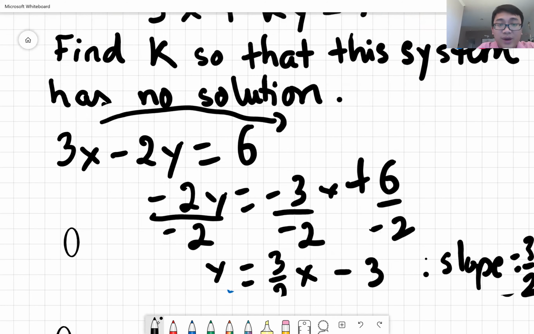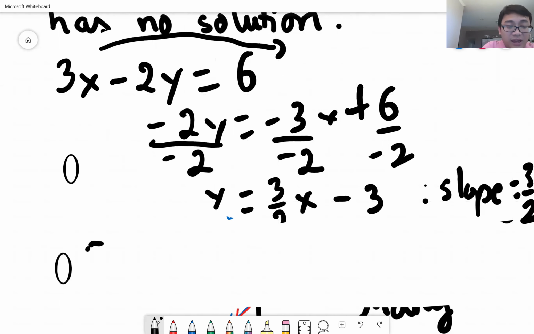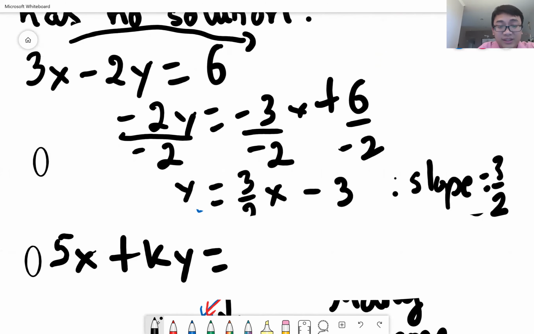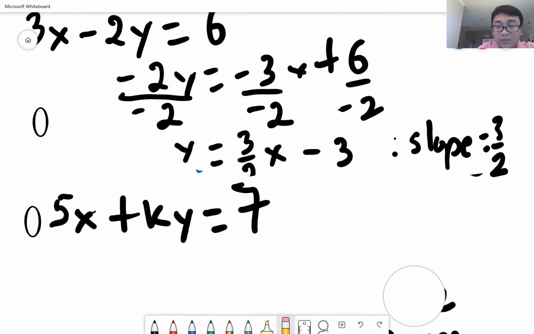And then the second equation, 5x plus ky equals 7. Same thing.